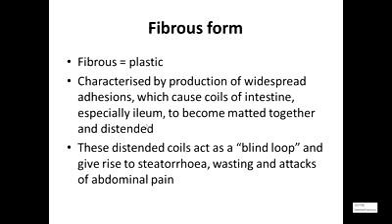This leads to subacute obstruction, and these distended coils act as a blind loop and give rise to steatorrhea, wasting, attacks of abdominal pain, and may present with subacute or acute intestinal obstruction.